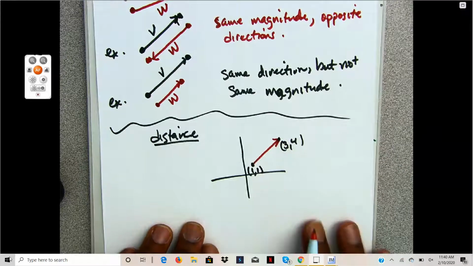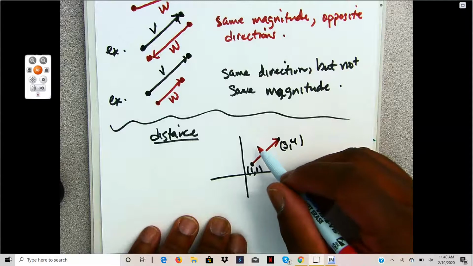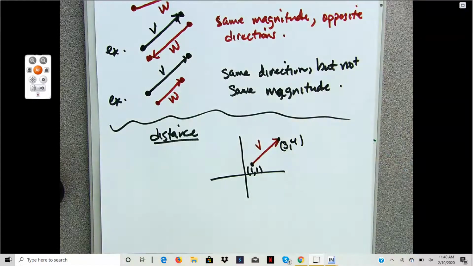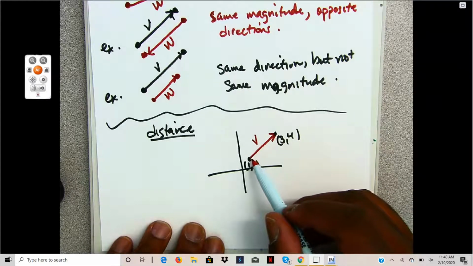Okay, so how would we find the length of this vector? So you guys said to subtract. So how does that work? Make a triangle and use Pythagorean theorem. You can use Pythagorean theorem. What's another way?